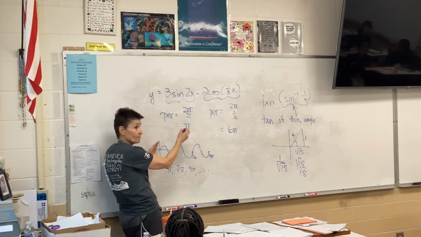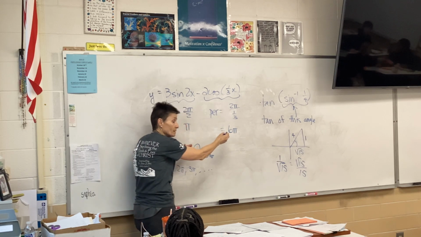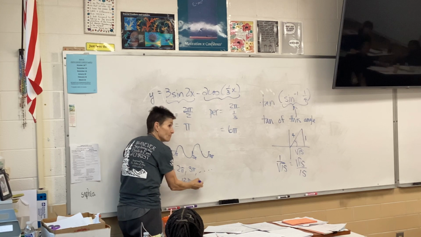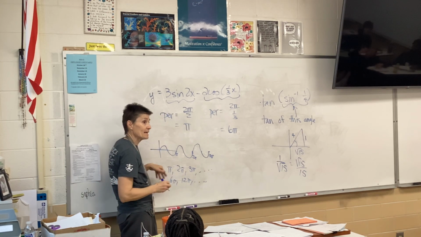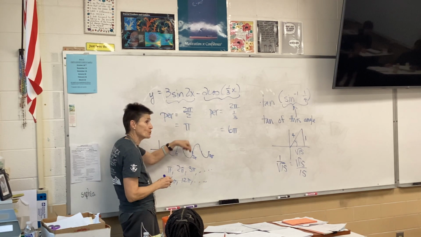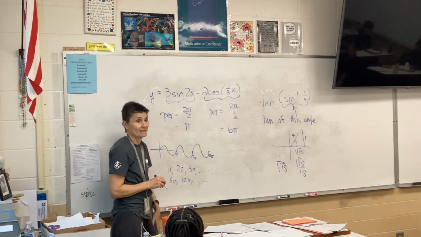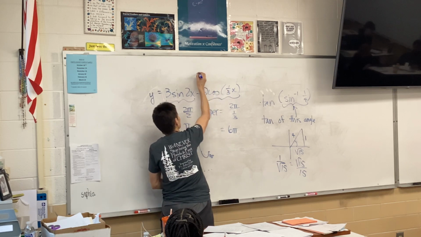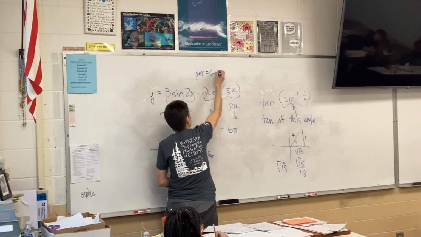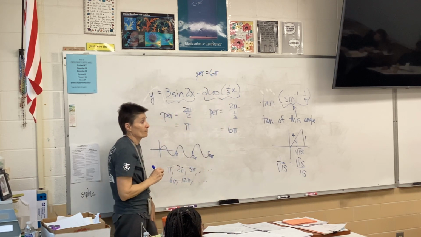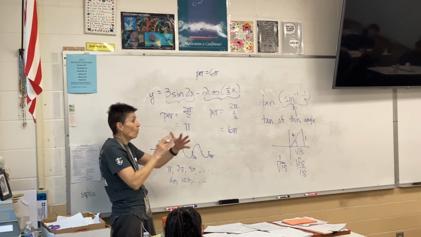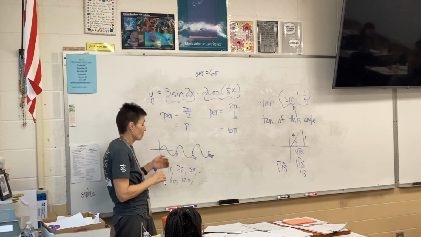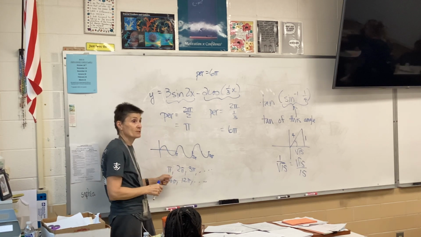Now what about this one? 6 pi. This one starts over again every 6 pi. So I didn't write everything out, but what would be the first number that is in both lists? 6 pi. So the answer to the question is 6 pi. The period of the whole shebang is the first number that appears in both lists.